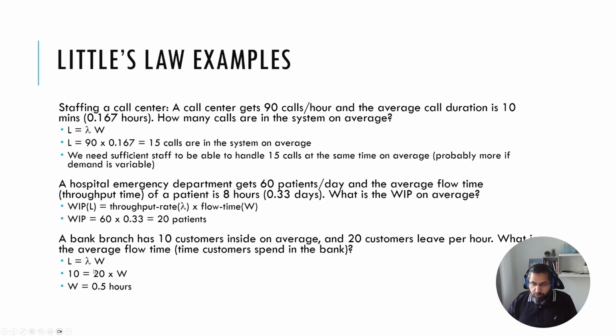On average, they're about the same, times W, the time spent in the system. So W becomes 10 over 20, which is 0.5 hours. We know this is hours because this was 20 per hour. And so the units of this lambda are going to tell you the units of W. Okay, so W is equal to 0.5 hours.